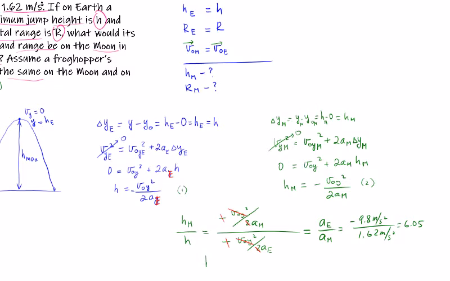So I can find that h on the moon equals 6.05 times h on the earth, 6 times higher.